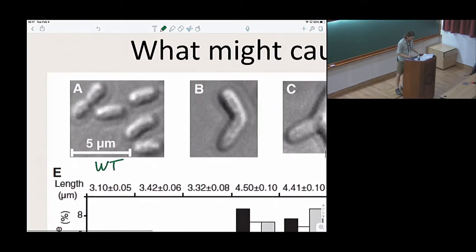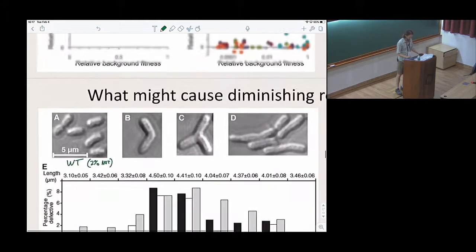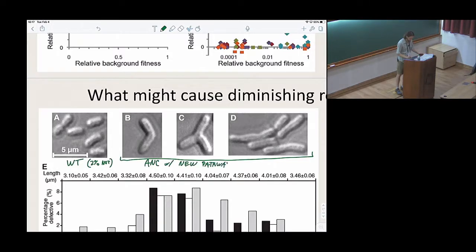In wild type, only 2% look different than that. But for our engineered strain, the ancestor with the new pathway, 25% of the cells look strange.